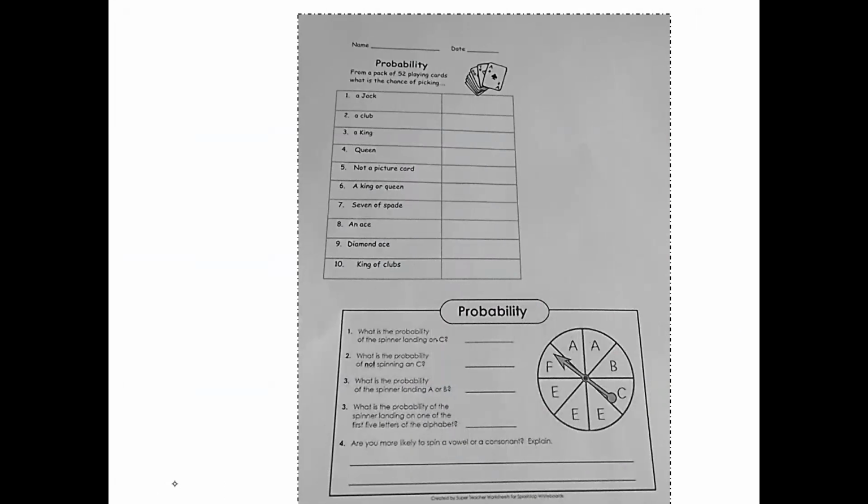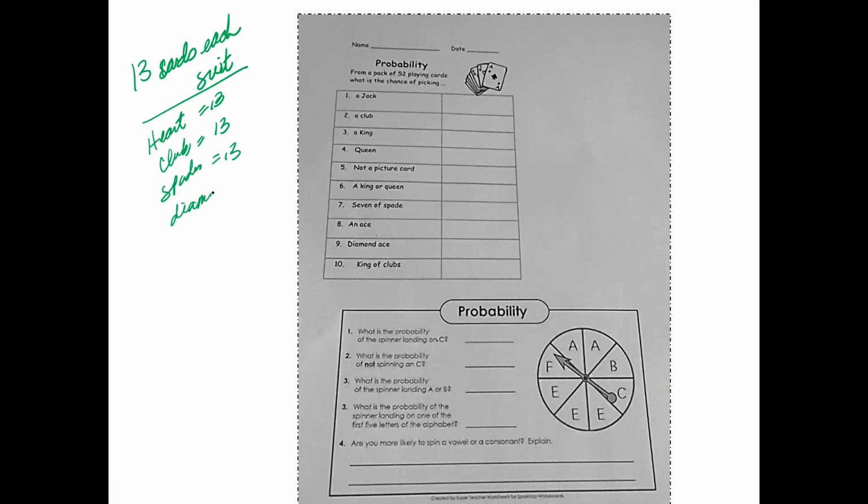This one is basically probability playing with a pack of cards. Remember, in a pack of cards, you have 52 different cards. A little bit of information: there are 13 cards in each suit. Each suit is composed of hearts, which is 13 cards, clubs, which is also 13 cards, spades, which is 13 cards, and diamonds, which are 13.